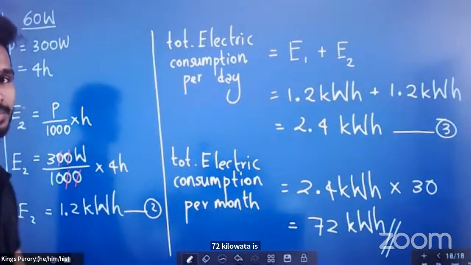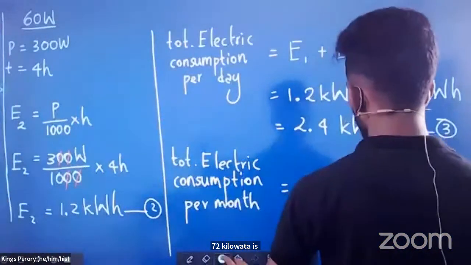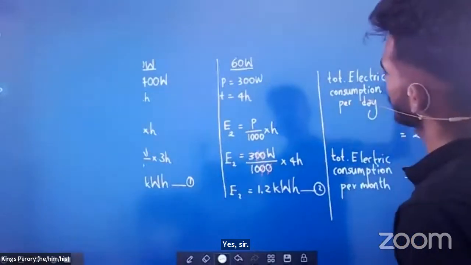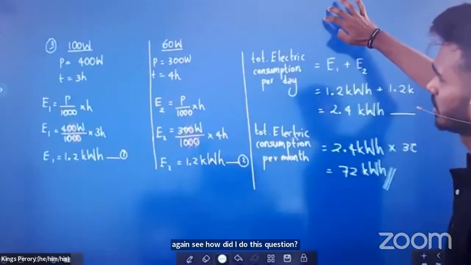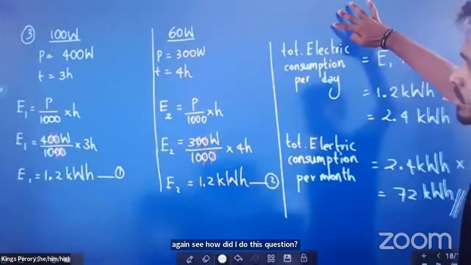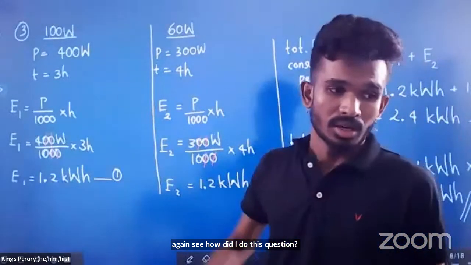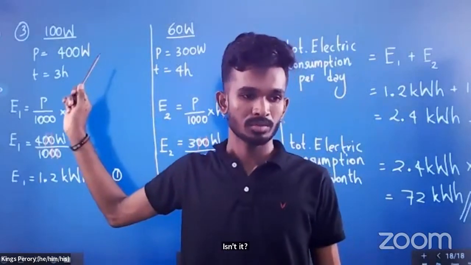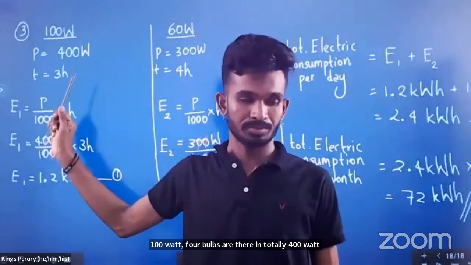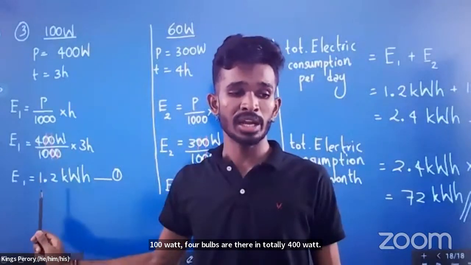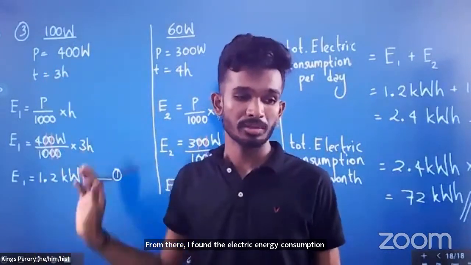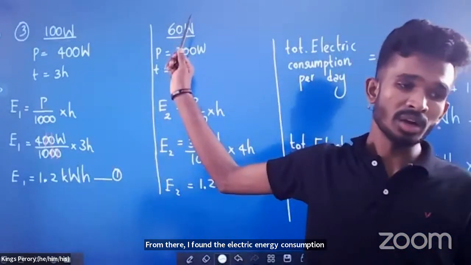Again, see how I did this question. Listen, 100 watt, 4 bulbs are there. Then totally 400 watt, working for 3 hours. From there, I found the electric energy consumption by this set of bulbs for a day. 60 watt, 5 bulbs are there.